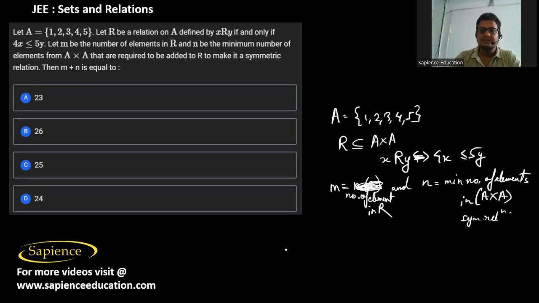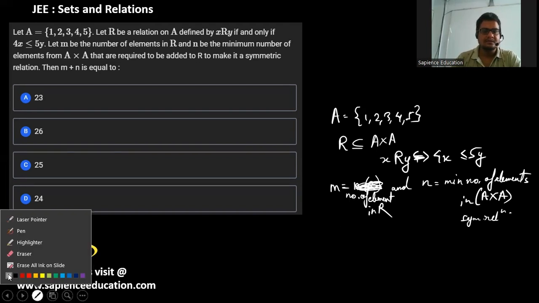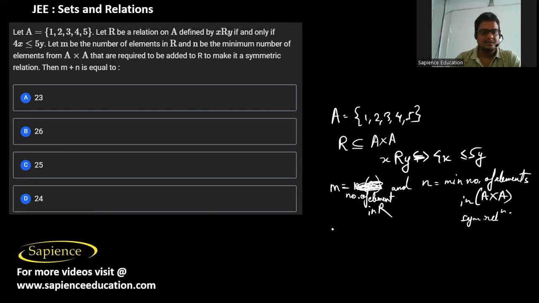So 4x is less than or equal to 5y. It means that x by y is less than or equal to 5 by 4, that is, x by y should be less than or equal to 1.25.